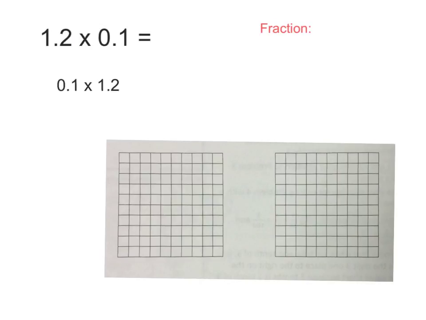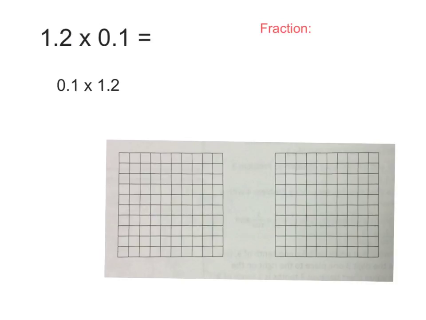This time we're going to mix it up. We're going to do the fraction model first. Now, before we do that though, here we have 1.2 times 0.1. Is that the same thing as 0.1 times 1.2? What property says I can switch the factors around? Reagan? Commutative. The commutative property of multiplication. You got it. 1.2 times 0.1 is equivalent to 0.1 times 1.2, yes?